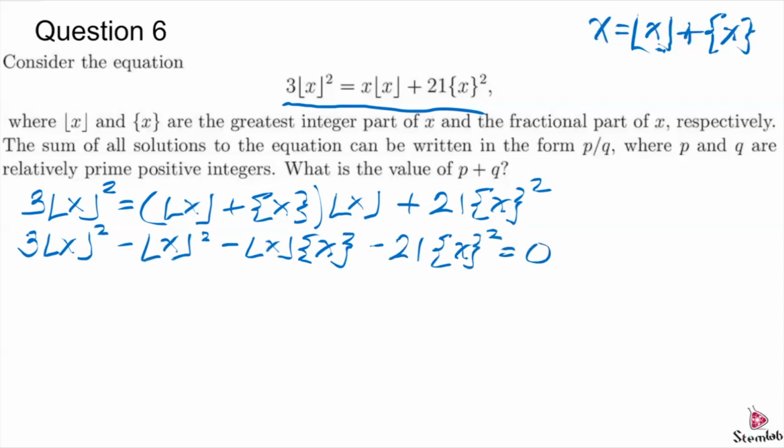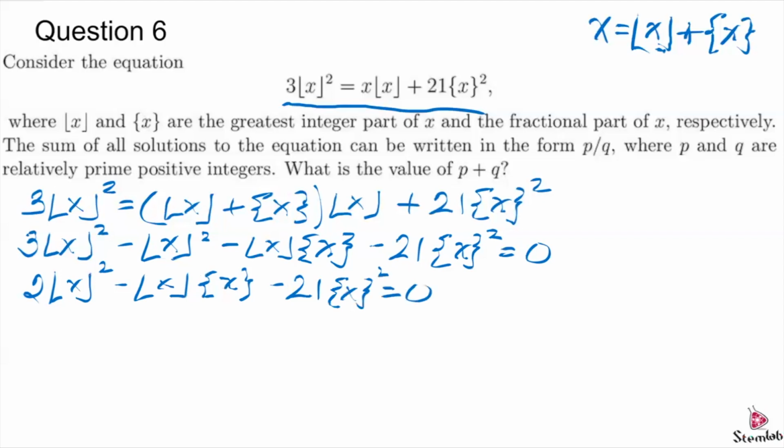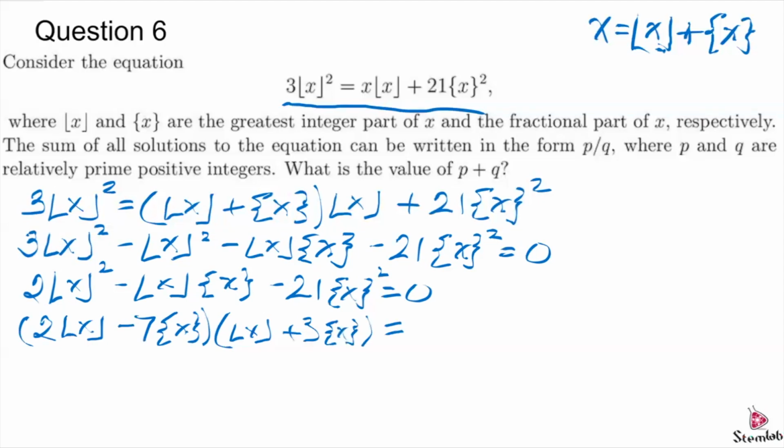Simplifying this a bit, we have 2 times the floor of x squared minus the product of the floor and the fractional part minus 21 times the fractional value of x squared equals 0. Just like we do with quadratics, we factor. So here we can factor it as well: 2 times the floor of x minus 7 times the fractional value of x, times the floor of x plus 3 times the fractional value of x. And that product of those two binomials must be equal to 0.